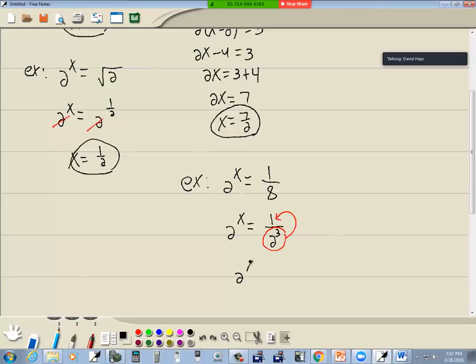And when we did that, the sign of the exponent changes. So it becomes 2 to the negative 3. And again, if these are both 2 to a power, the 2's cancel. And you set the exponents equal to each other. So our answer would be x equals negative 3. So again, a fairly simple idea, but sometimes not so simple to get it in the right form. You may have to do a little manipulation to get it there.